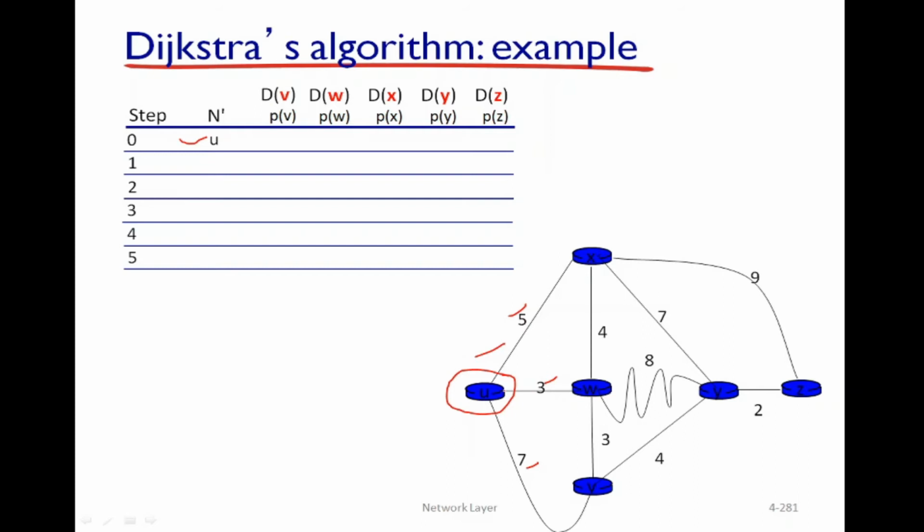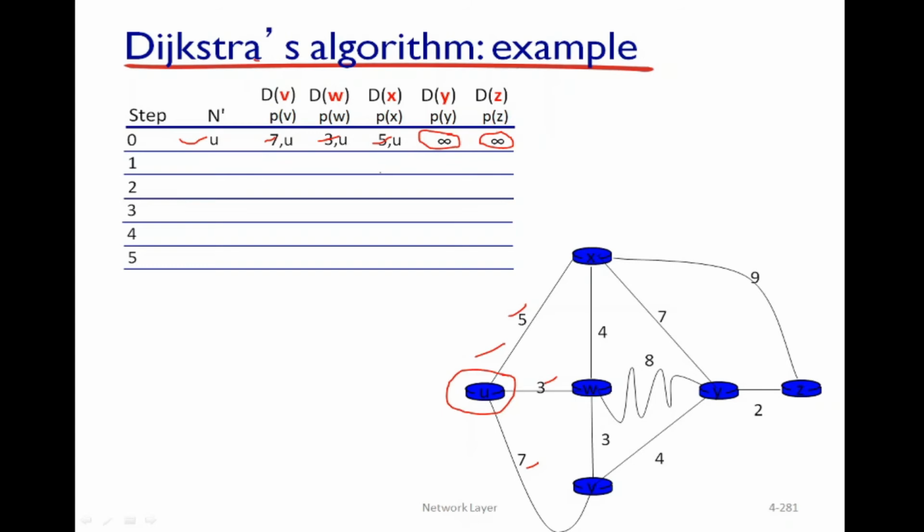So the costs for v, w, x are 7 comma u, 3 comma u, and 5 comma u. This is the least cost in the first iteration. The costs for y and z are set to infinity because they are not adjacent or neighbor nodes for u.